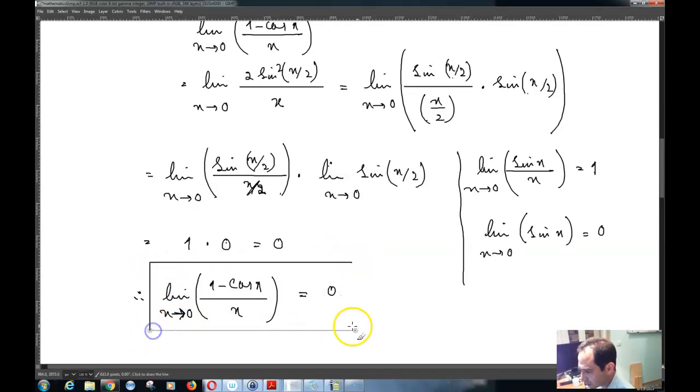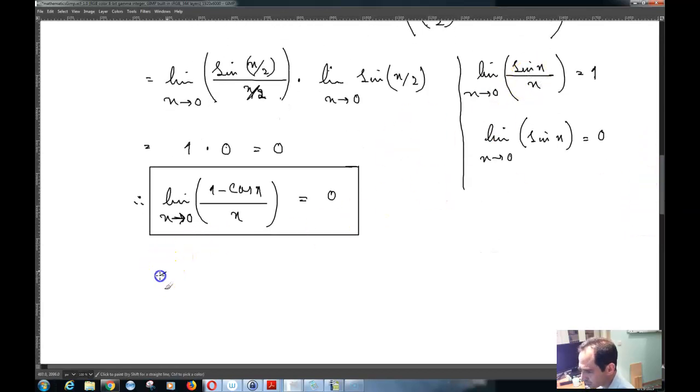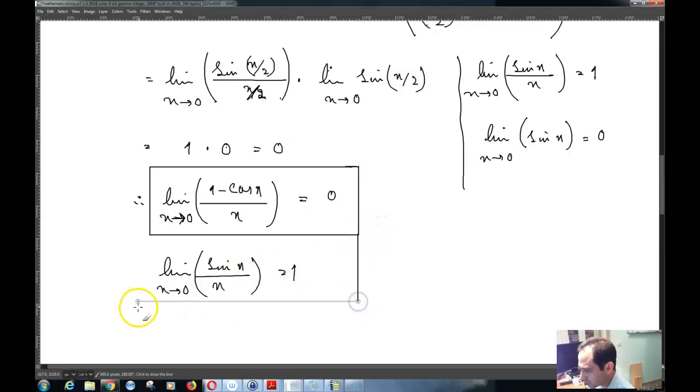And the first part that we showed in this theorem was that the limit of sine x by x as x tends to 0 is equal to 1. These are the two parts of this theorem proved, and you can use it in the rest of this part.